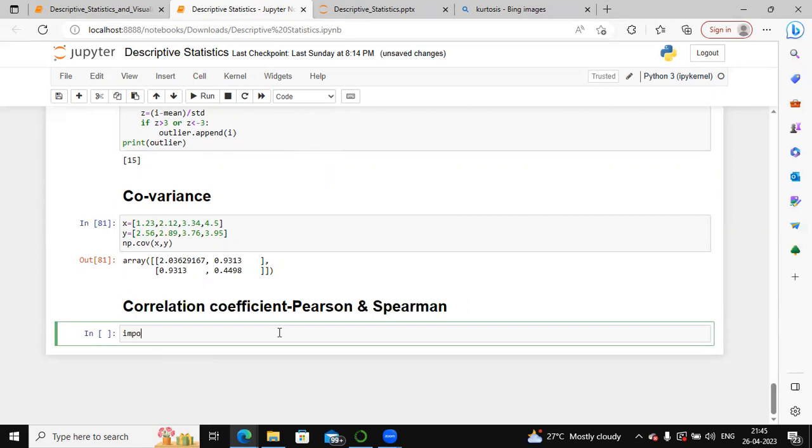First, let me put from scipy.stats import pearsonr, spearmanr. This is Pearson R, and this is Spearman R.